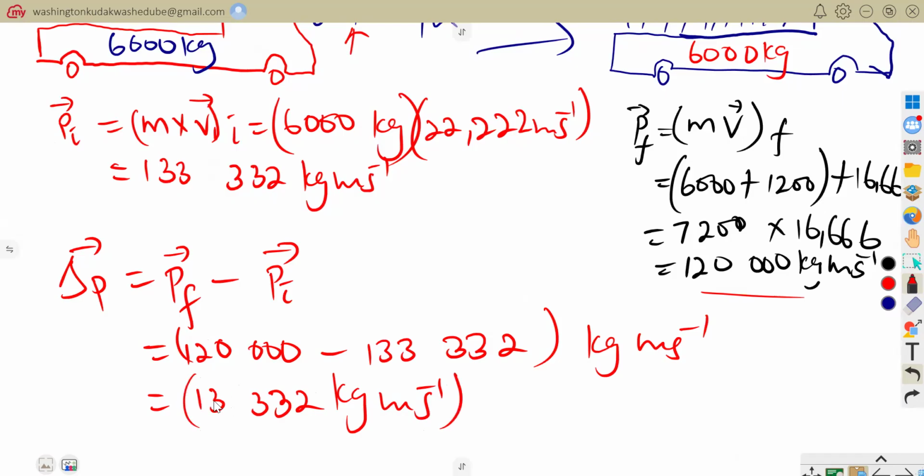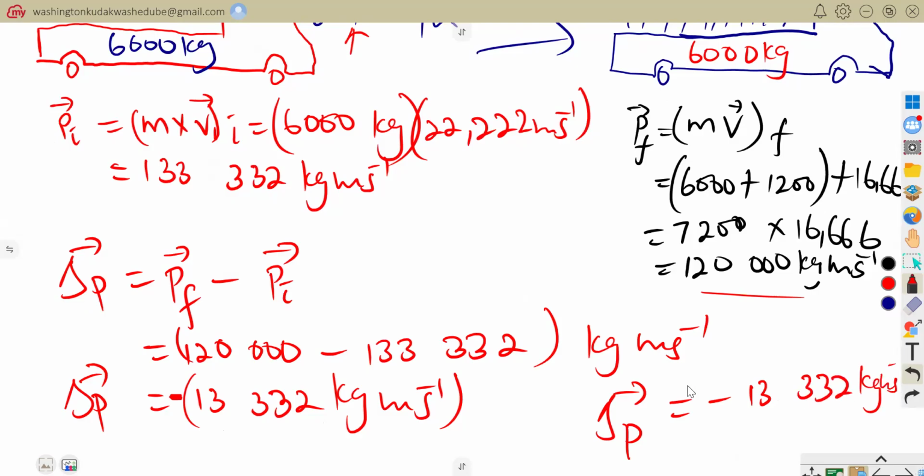This value is going to be a negative, which shows that our momentum has decreased. So we are saying the change in momentum is a negative 13,332 kg meters per second, which means that our momentum has decreased by that amount.